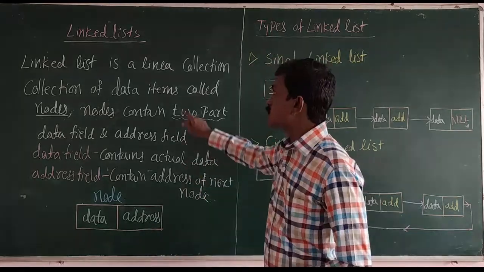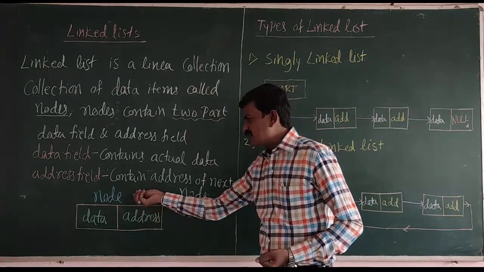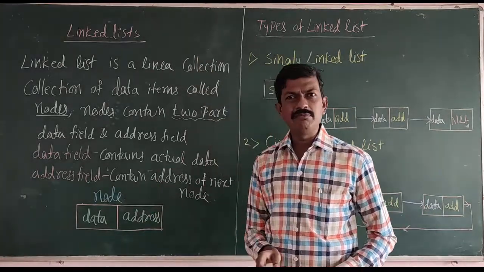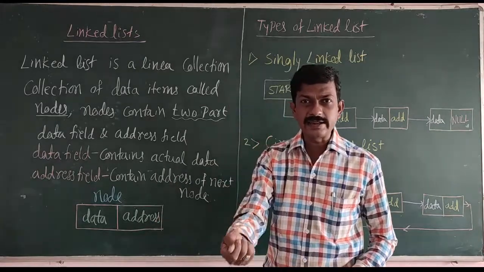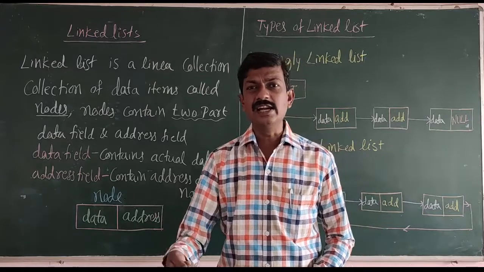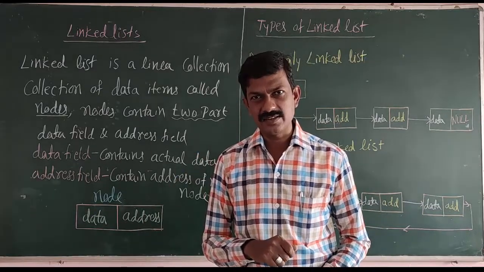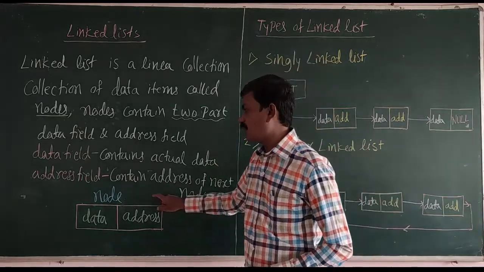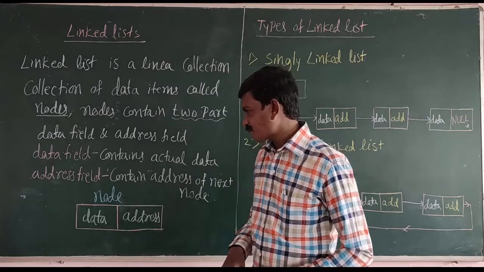But it is possible with a linked list. You are allowed to store these single nodes anywhere in the memory. With the help of this address, we can easily access the next element of that data structure. It is the advantage of the linked list data structure.